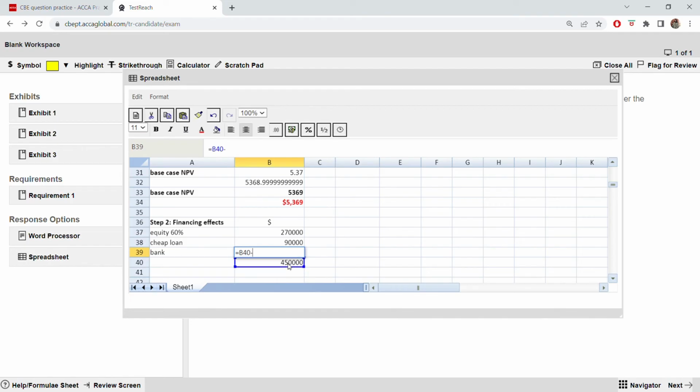450 minus this, plus this, enter, 270,000. Okay, so this is the amount of the bank loan that you need. Now what else?